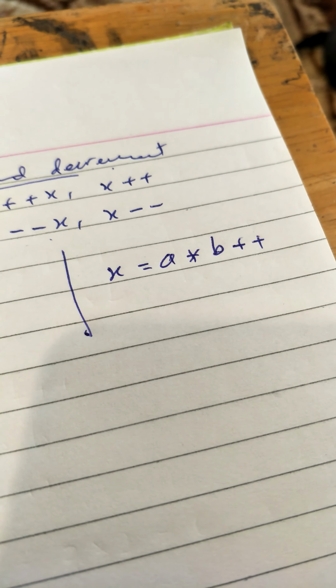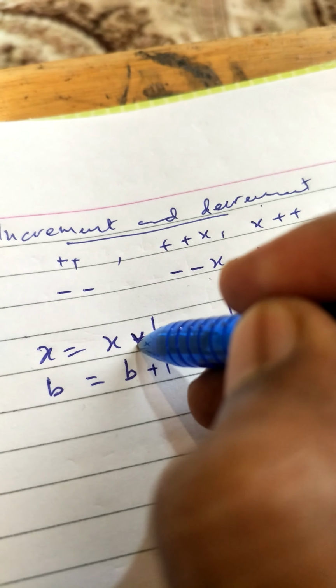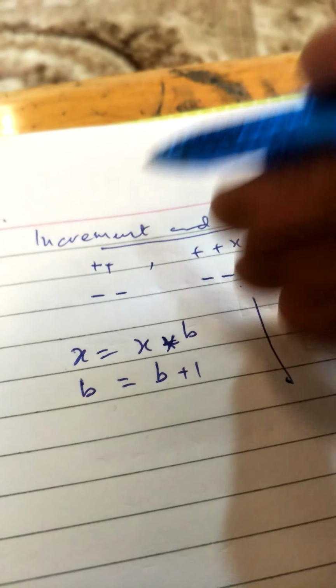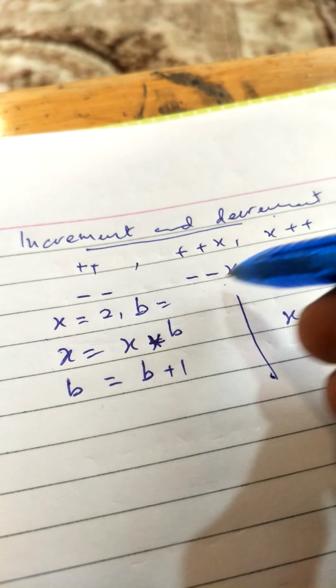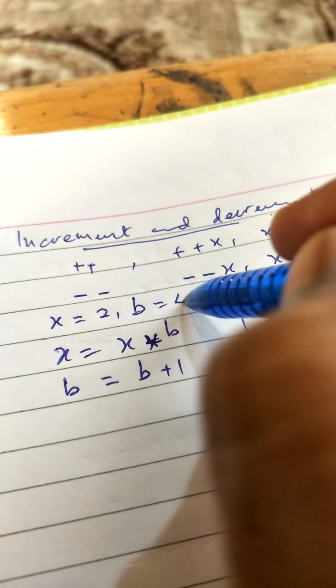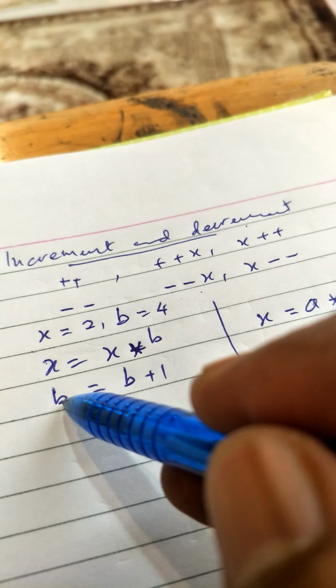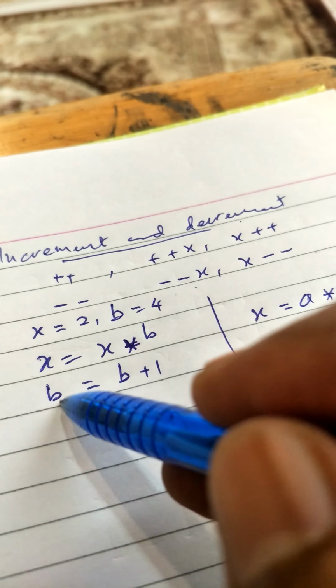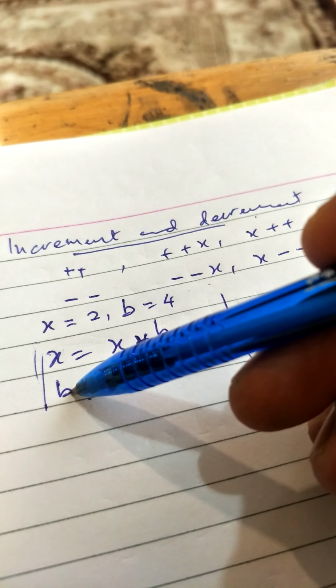What does this mean? If at an earlier stage, let's say somewhere here, we give x equal to, let's say 2, and b equal to 4, what happens if we print out the value of x and b after this process?